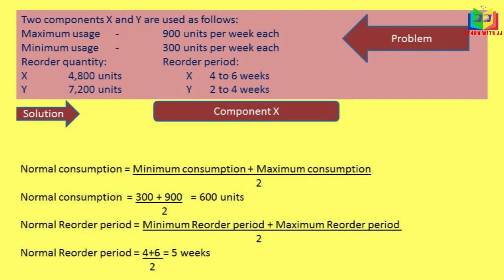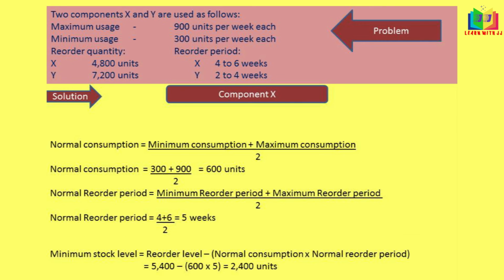We'll get 5 weeks. We have to apply this in our minimum stock level formula. Reorder level is 5400 units and normal consumption is 600 and normal reorder period is 5. We'll get 2400 units.